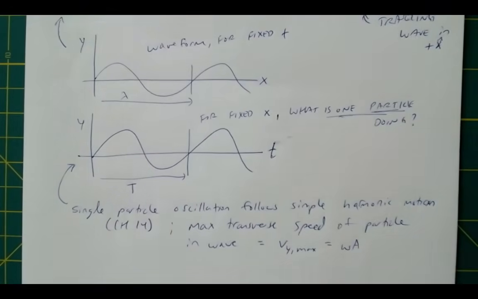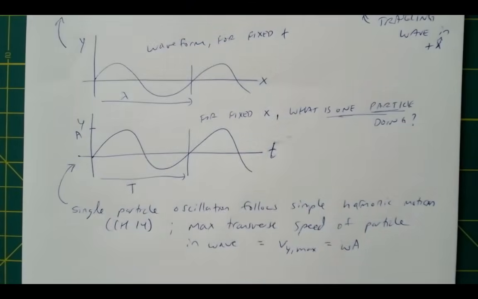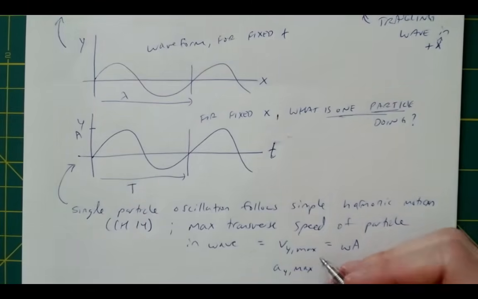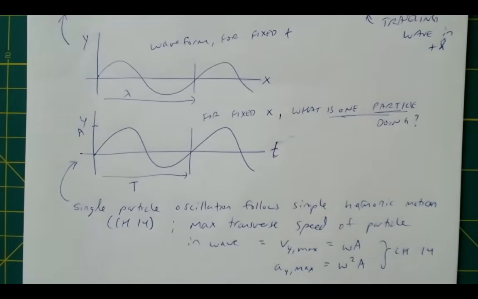And we saw before that that was equal to omega times A, where A is the amplitude of this oscillation. And the maximum acceleration is still going to be equal to omega squared A. And again, that comes from our previous chapter and understanding simple harmonic motion.